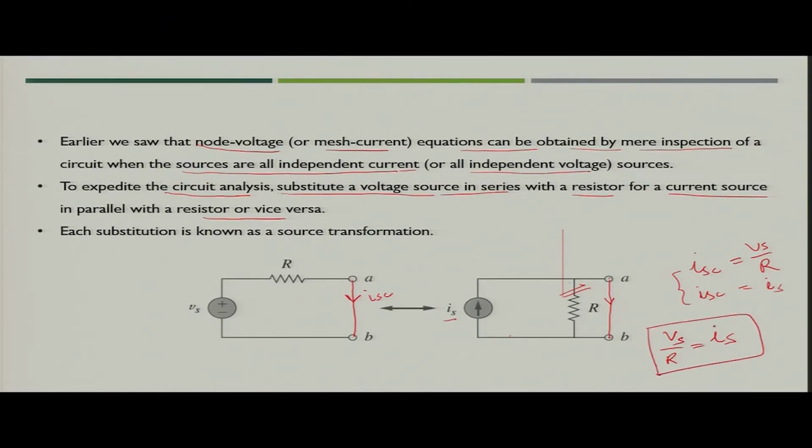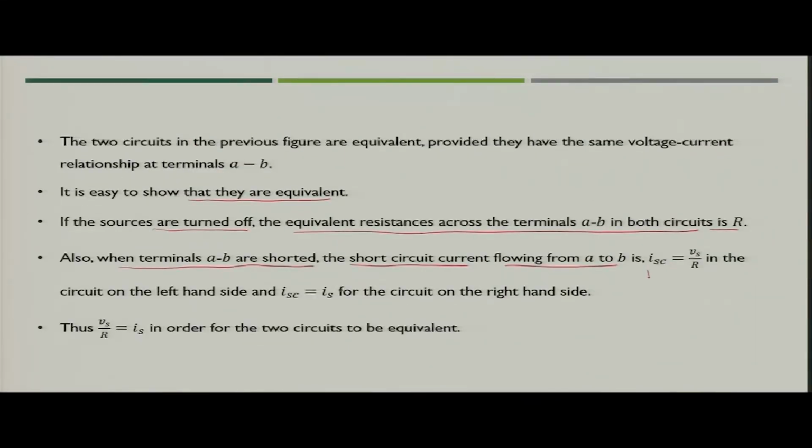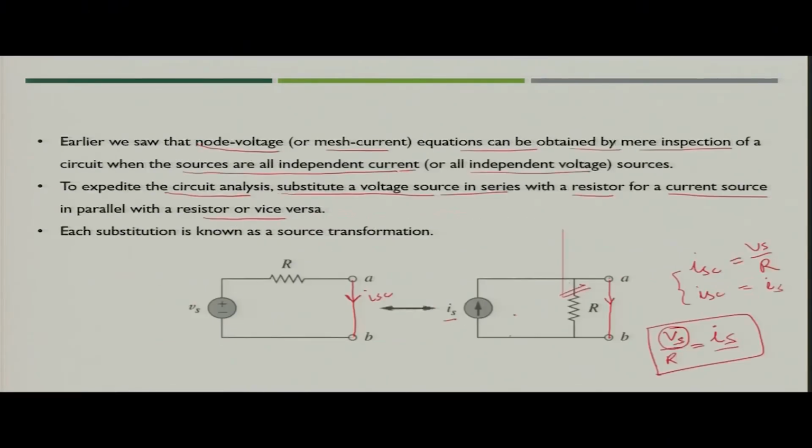This gives you the idea of how the current source would be related to the voltage source when you want to do source transformation. We got this with the help of the circuit, and this is the relationship between voltage and current sources when doing source transformation.